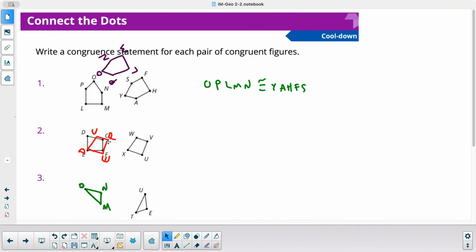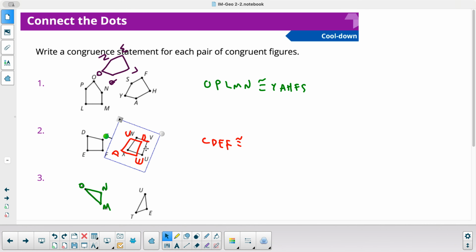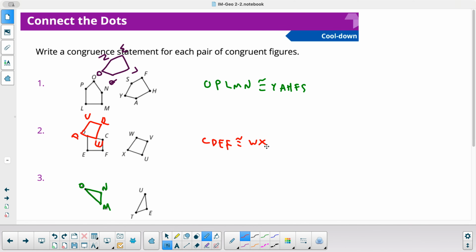I'll go C, D, E, F. So the C was with W, the D was with X, the E was with U, and the F was with V. So I'm going to go this way. It's going to be W, X, U, V.